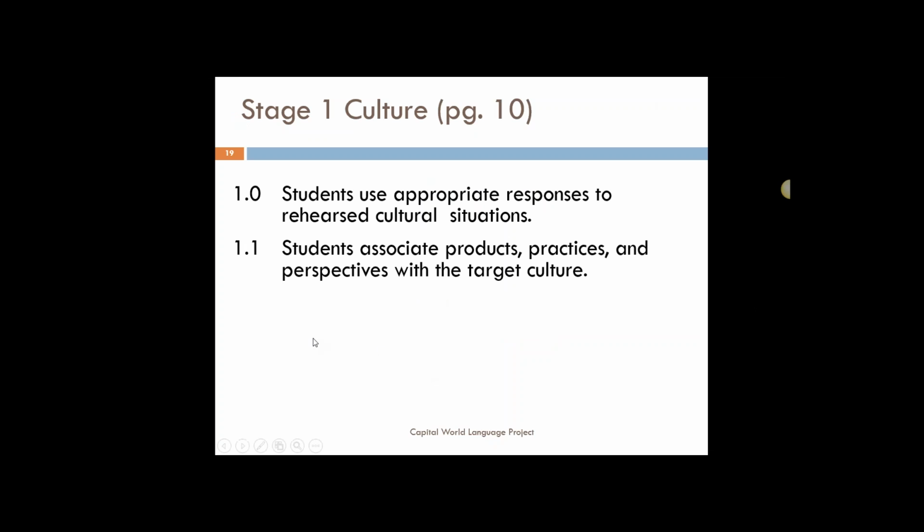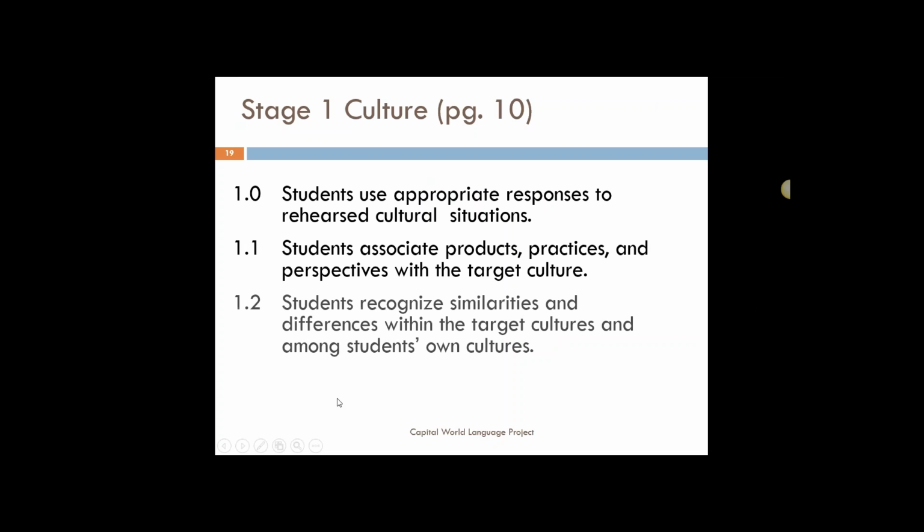And they recognize similarities and differences. Notice they only can recognize them. They can pick them out. They can't explain them. And they identify cultural borrowings. If you're not sure what that means, a cultural borrowing is something that comes from another culture that a culture borrows into it.